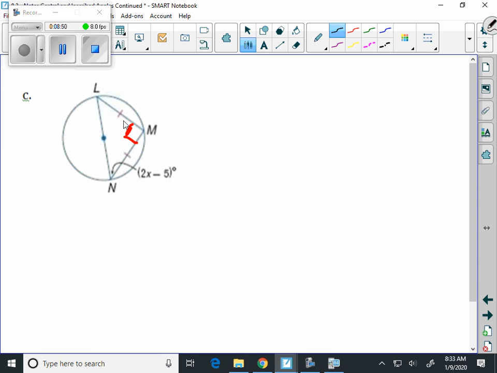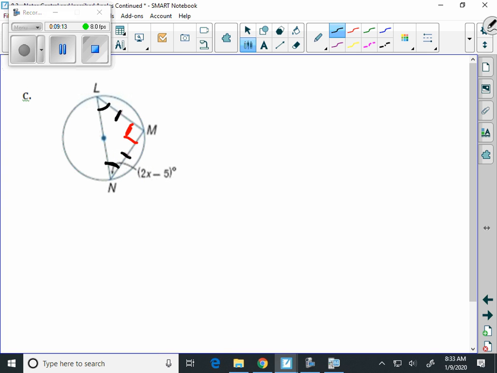And that is that this length is the same as that length, which means we're working with an isosceles triangle.